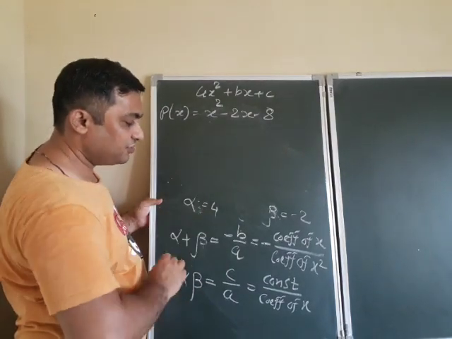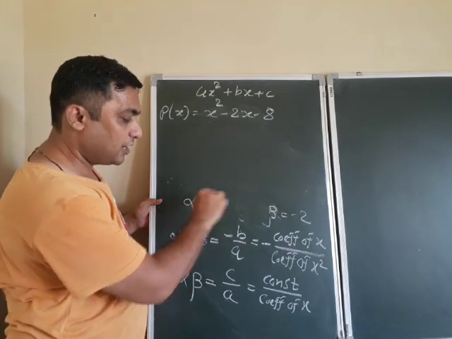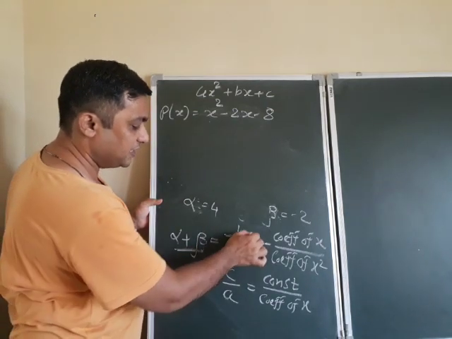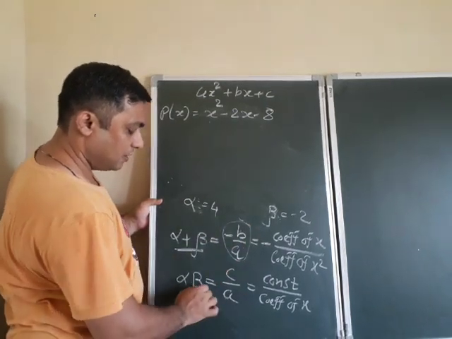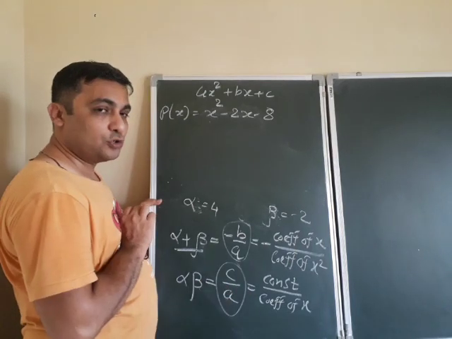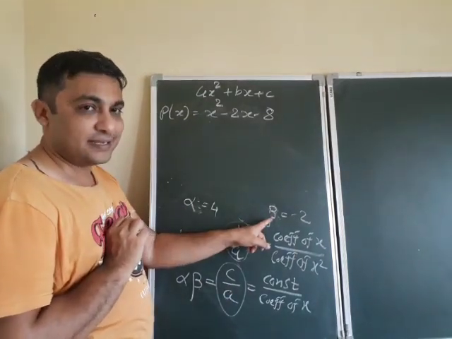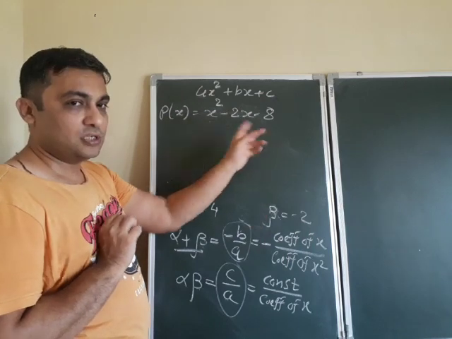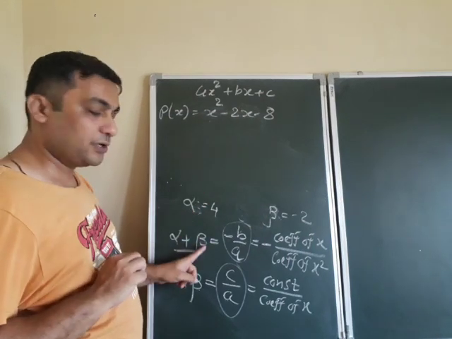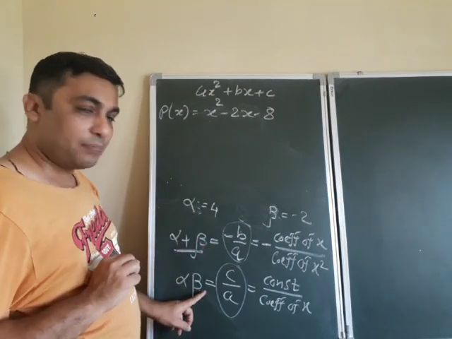Now mathematicians started the search. See, alpha plus beta is minus b by a, and alpha into beta is equal to c by a. So if alpha and beta are given and you need to find this, first you do one thing: find alpha plus beta, and then find alpha into beta.